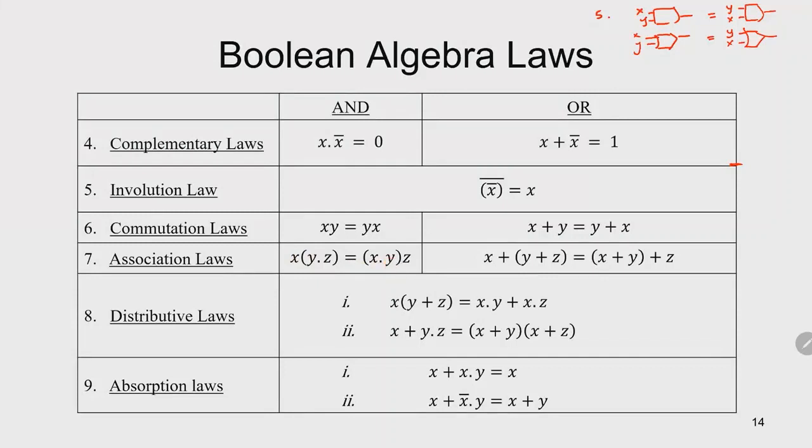To put it in perspective, what this law means is that if I do y, z, AND of that, and then AND with x, it is the same as doing x, y, AND with a z.